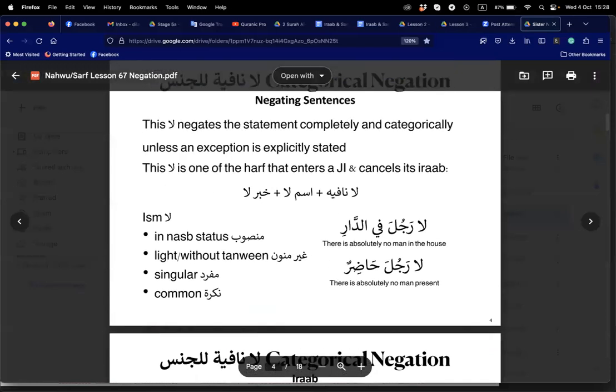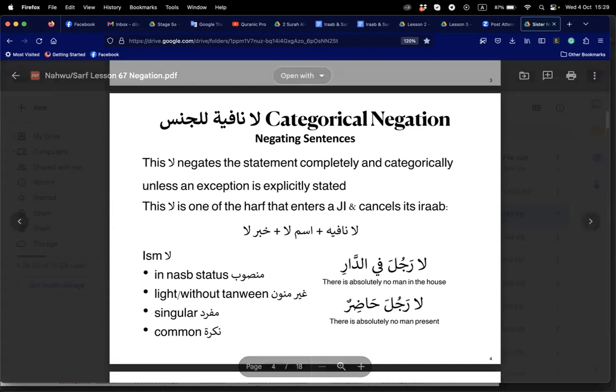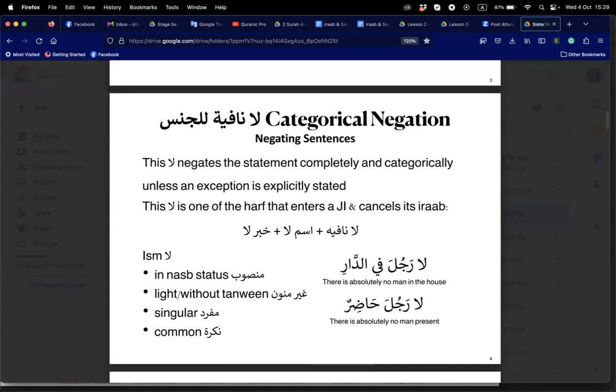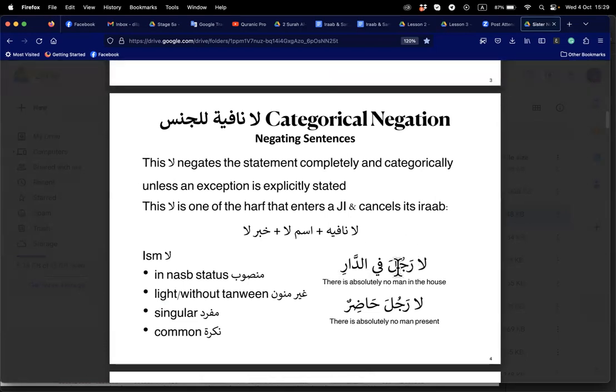Okay, so when you see a la nafiyah lil jins, this one basically will work like inna, meaning that you have an ism inna and then khabar inna, right? So la basically is like that. You have an ism la and a khabar la. So here, for example, you have la rajul. This is actually your ism la.